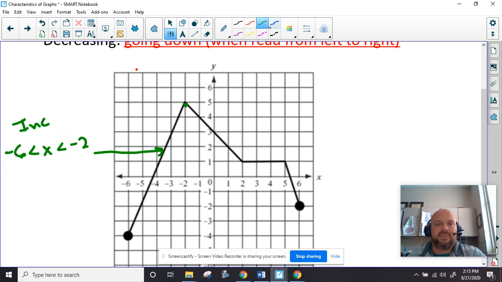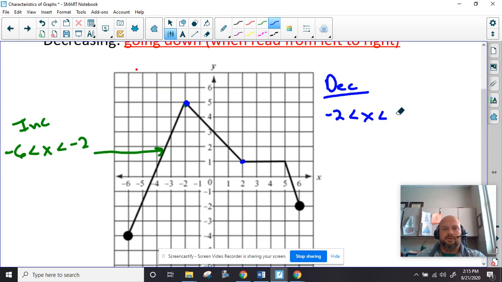Okay. Now for our decrease, we actually have two different ones. Okay, we have our first one from right here, from -2 to 2. And there's a reason we don't have the lines up underneath them, it's because they're not crossing the x-axis right there. Okay.